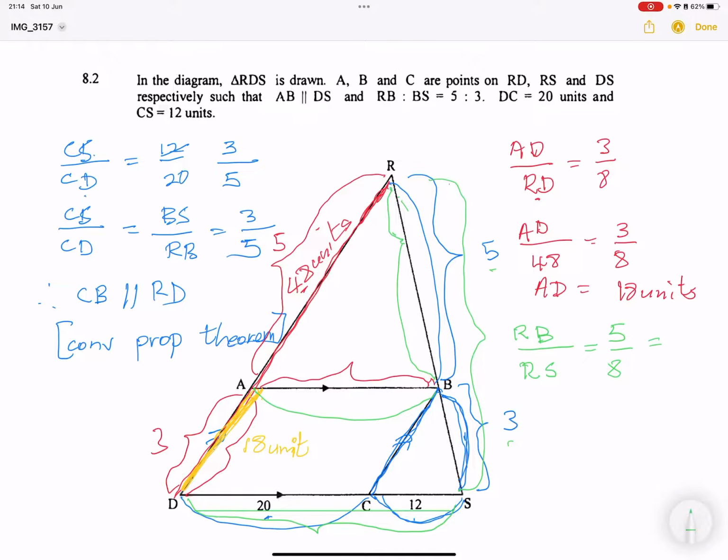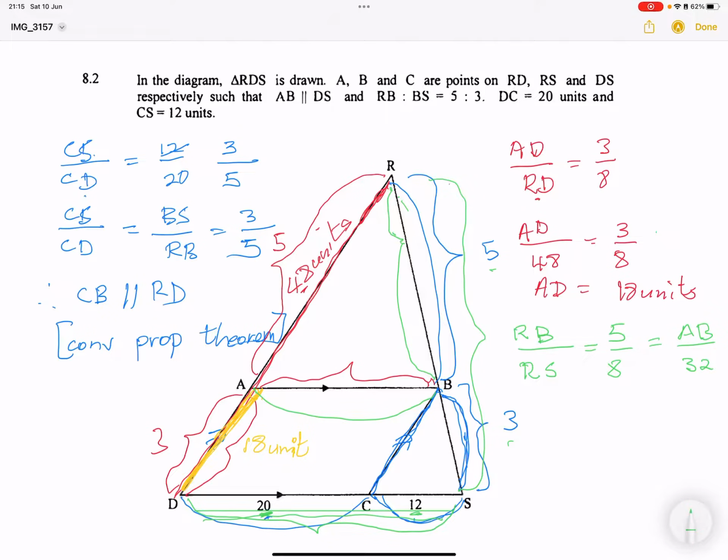But remember, this is also equal to AB over the entire side of the big triangle, which is at the bottom there. That would be 20 plus 12, which would give us 32. So in this case, again, this is the proportionality theorem.